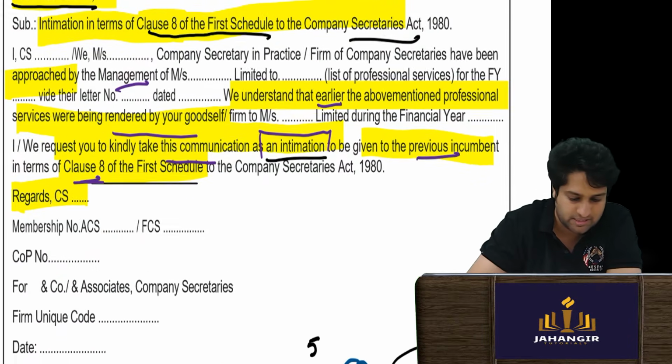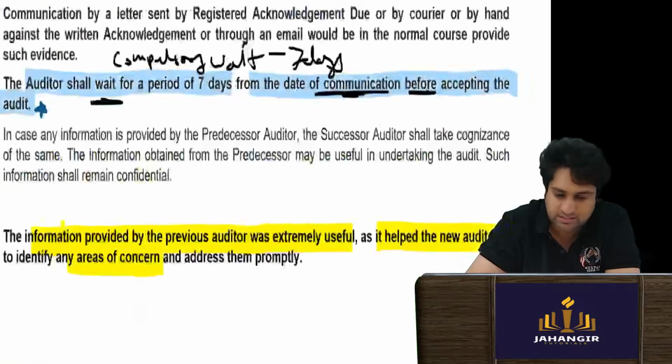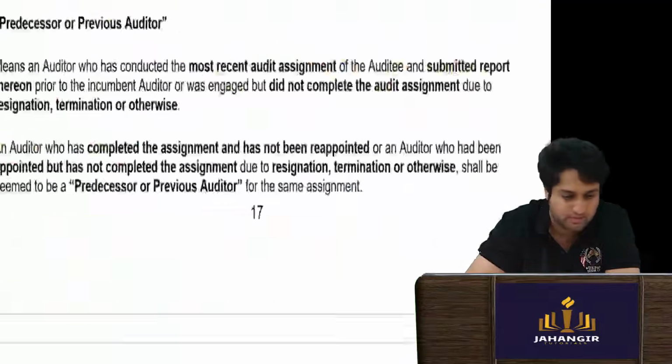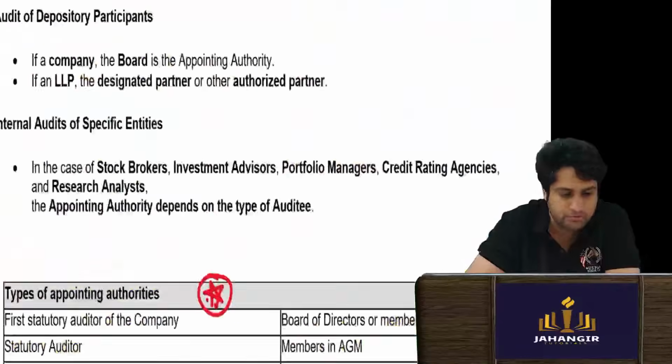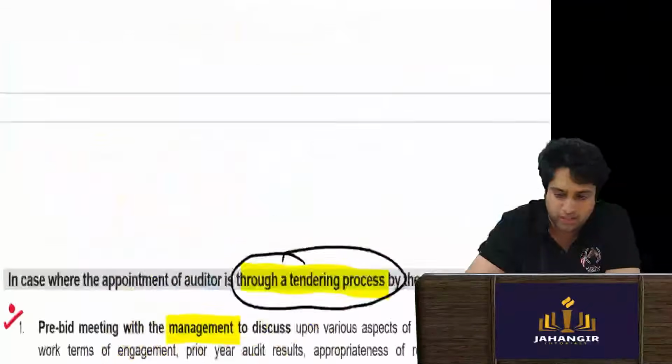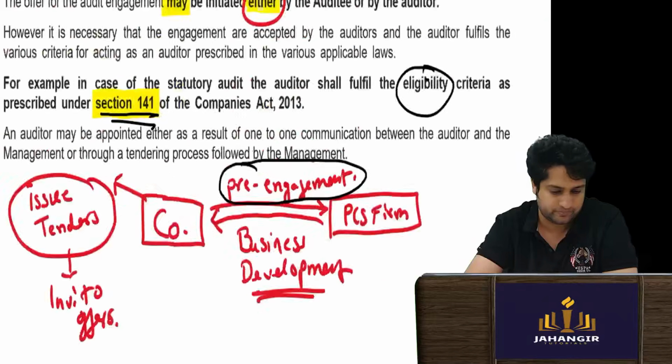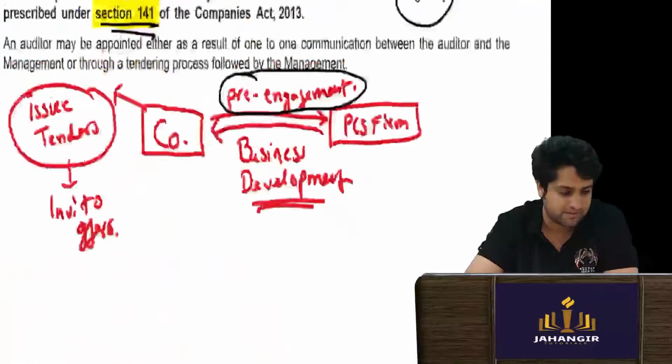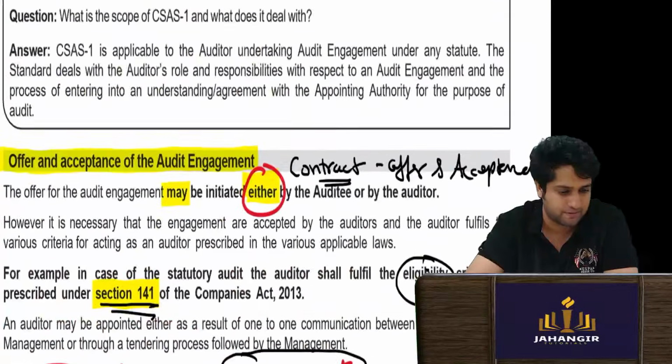Clear? Yes, sir. Very, very simple. I don't need to take their consent. I'm simply informing them. Very, very important to know. Now, moving forward. So, I hope you've written that schedule 1, clause 8. Okay, clause 9 will also come, but let's see. But this is very, very important.